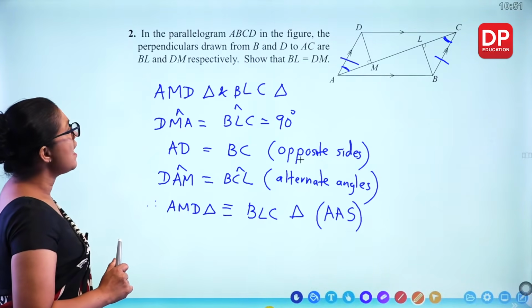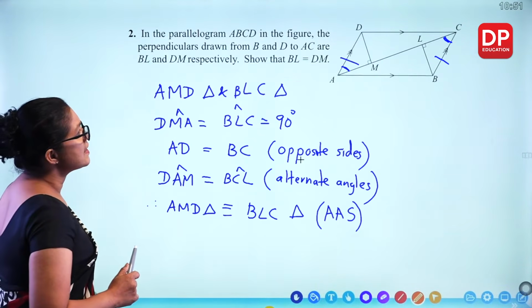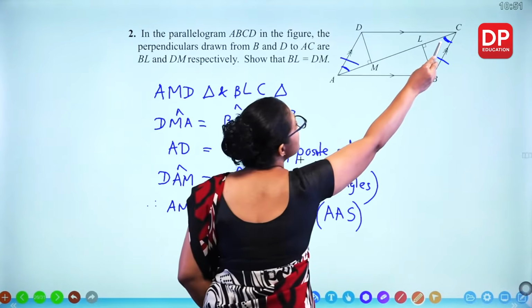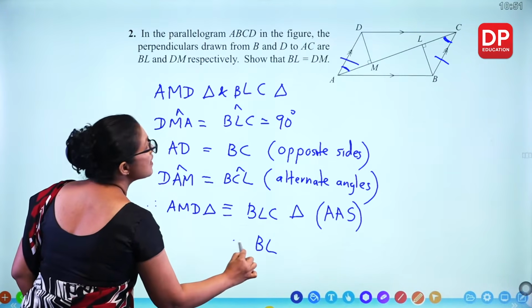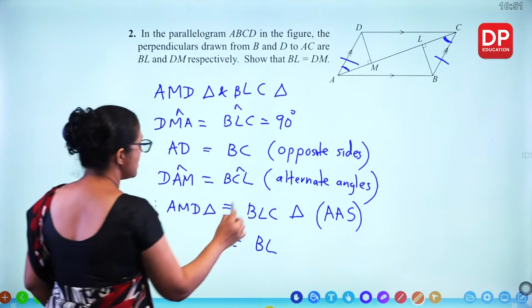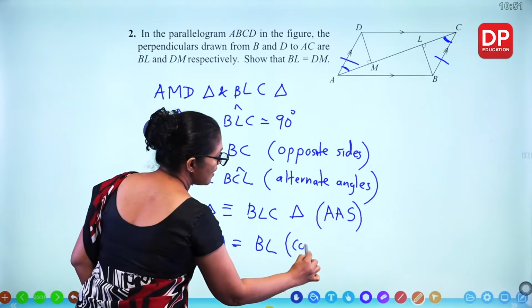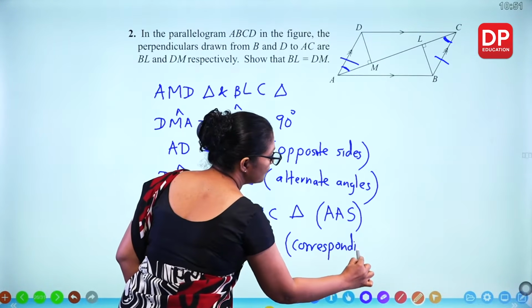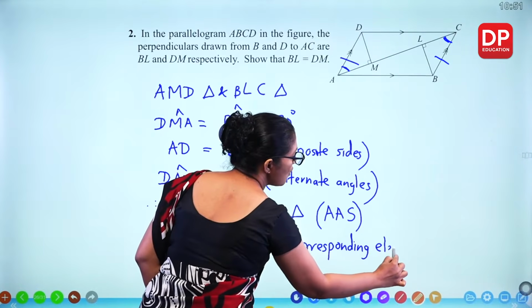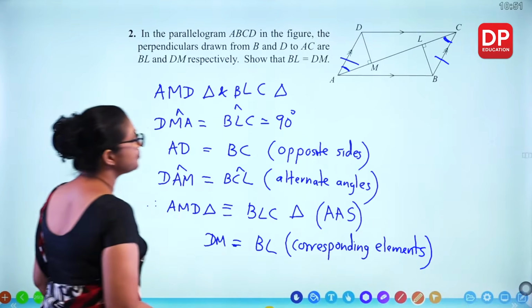Corresponding elements are equal. So corresponding elements opposite to this angle, BL is equal to DM. That's corresponding elements of the two congruent triangles.